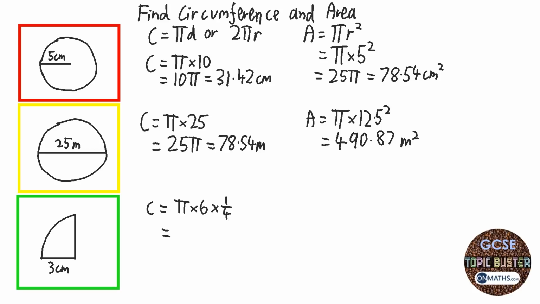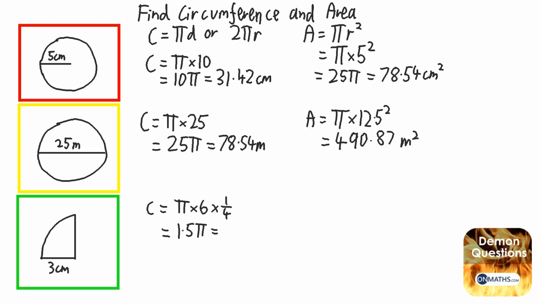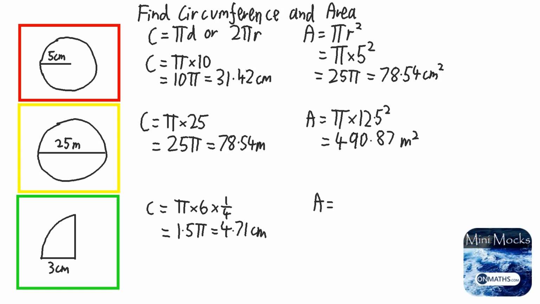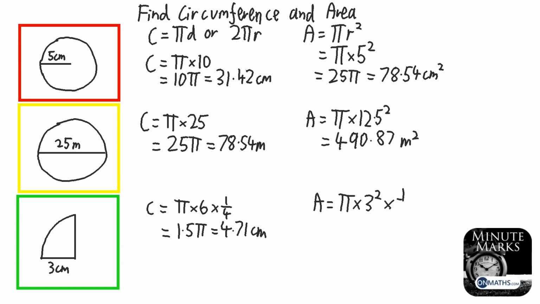So I'm going to do it on the calculator. Well, 6 divided by 4 is 1.5, so it'd be 1.5 pi, and then let's times that by pi, and you get 4.71, and that would be centimeters because circumference is a distance. And the area would be pi r squared, so pi times r, which is 3 squared, and we're going to find a quarter of it because we've got a quarter of the circle.